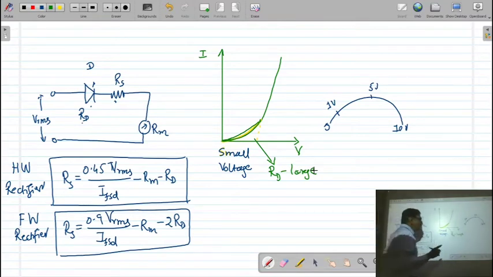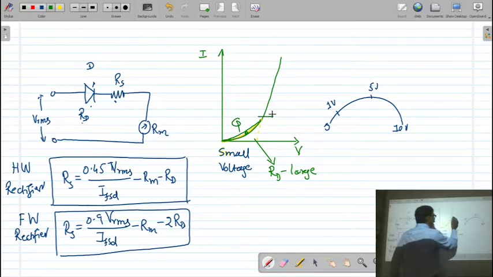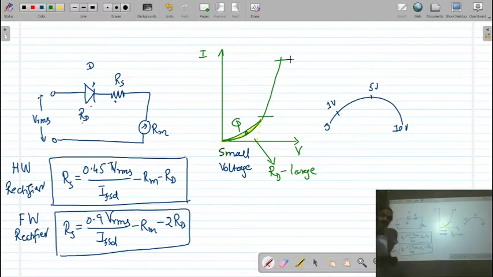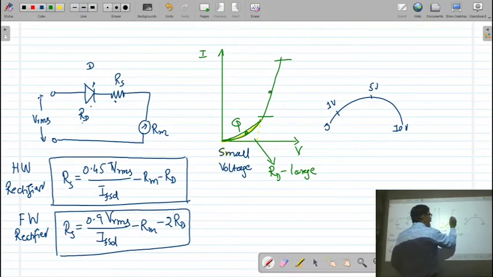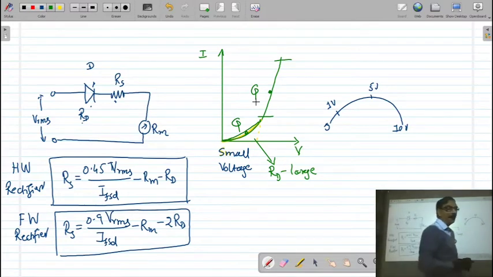So when the input voltage is small, then my operating point is in a non-linear portion. But if you see this part of the characteristic curve, then it is almost linear. So if I am operating my diode in a linear part, then I can measure the voltage exactly.